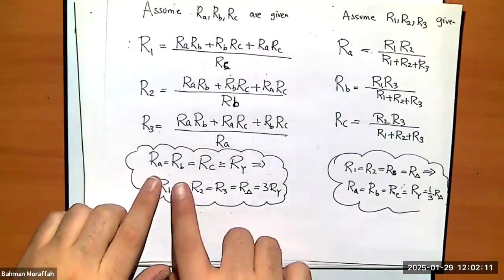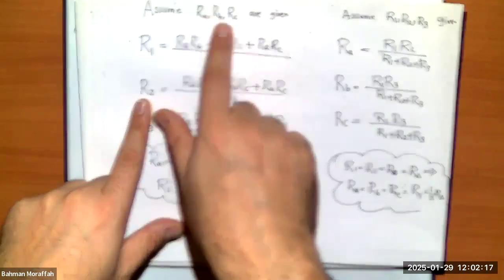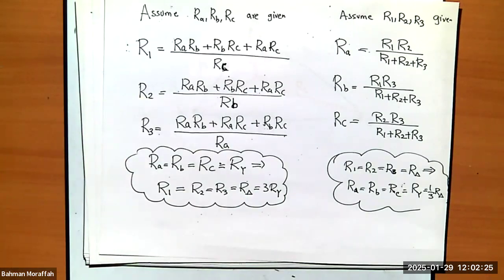So what I assume is that if I have RA, RB, and RC, they're known to me, and they're exactly the same. The values are basically like 5, 6, right? They're all the same. I'll call that RY, which is the common value. If that's given to me, and I want to find R1, R2, R3, which are the ones associated with my delta circuit, I call it R delta because they're all going to be the same.